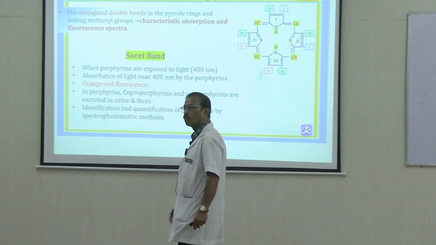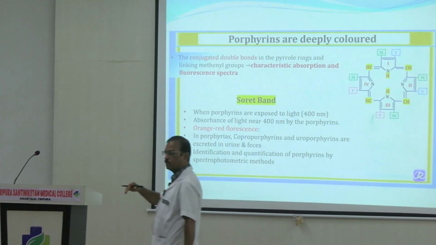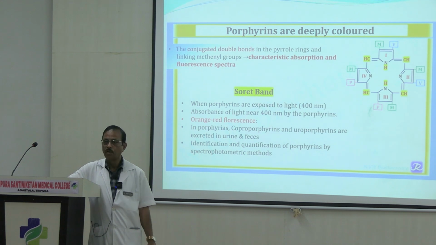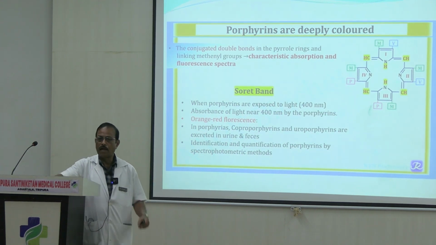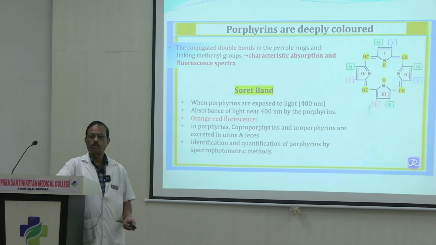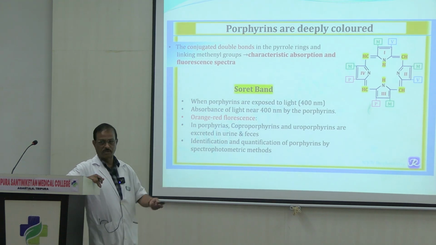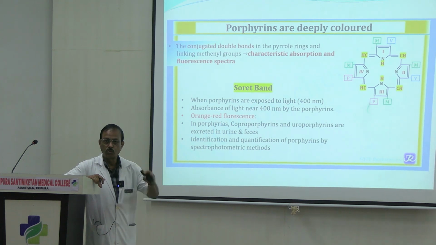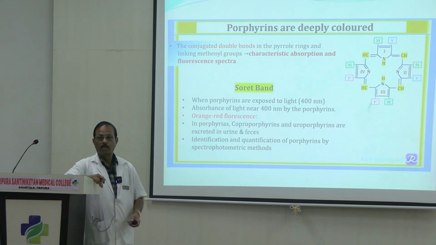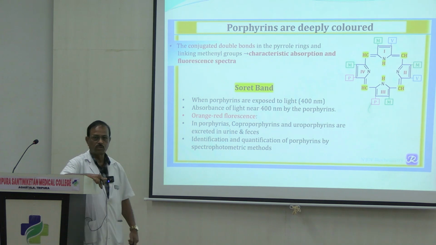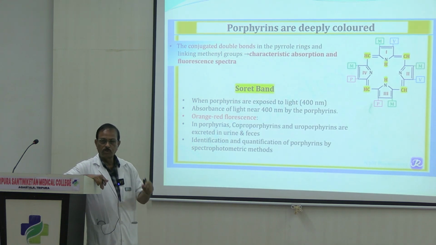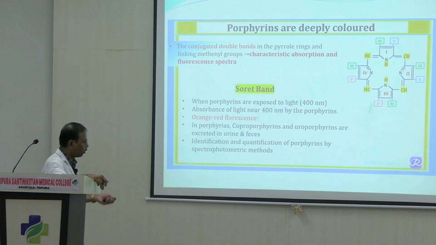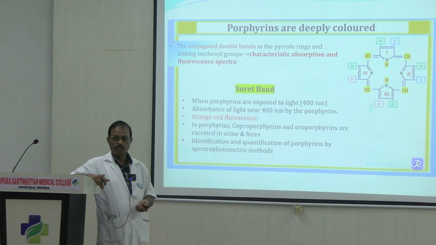Because in case of porphyria, due to a problem in the synthesis of heme, there are different types of porphyria, and those porphyrinogens are excreted in the urine. So we subject that urine or blood to this wavelength of light, and we can identify the porphyrins excreted in the urine.